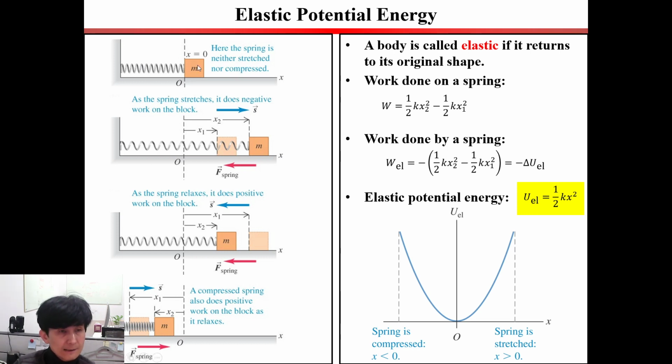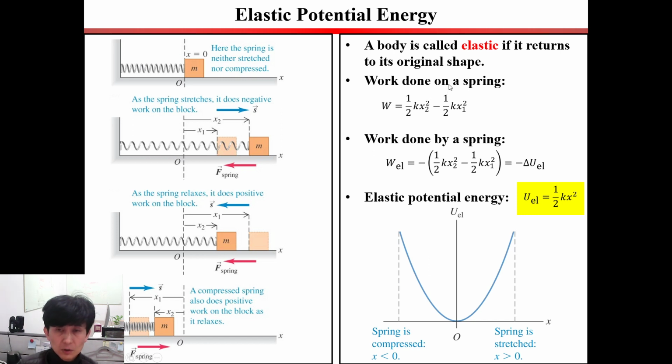Here, if we ignore the gravitational force and friction, and there is only a spring force involved for this object, and if we displace this object by a certain distance, x1 or x2, then there exists a potential energy involved with the elastic force of the spring. That is called elastic potential energy of a spring.